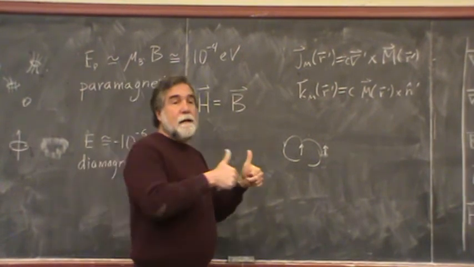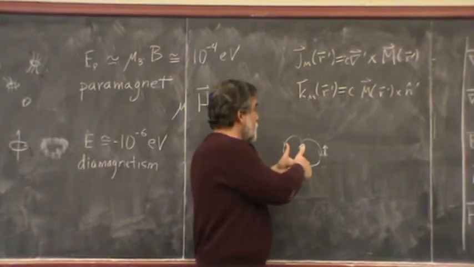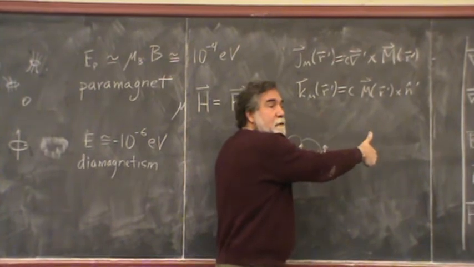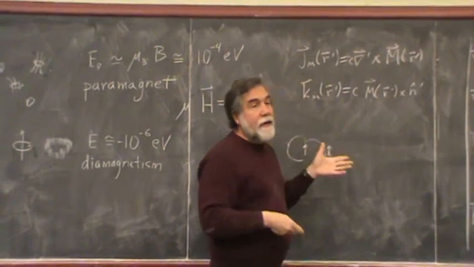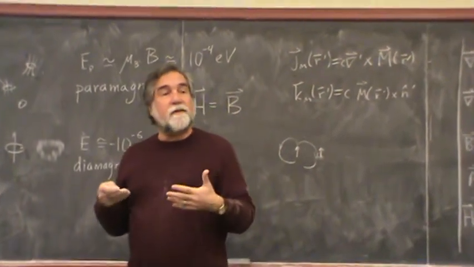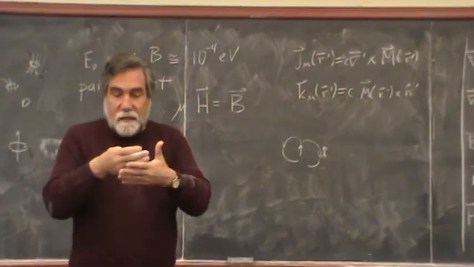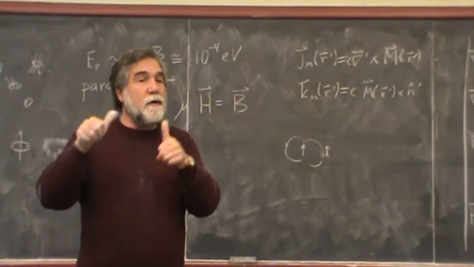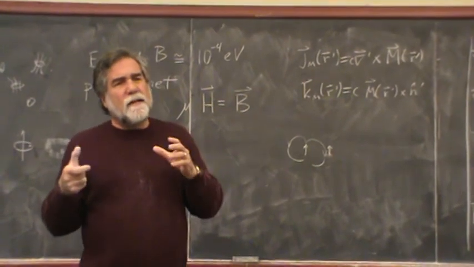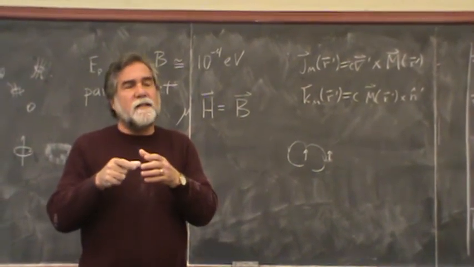And so neighboring atoms in a ferromagnetic material want to be aligned because quantum mechanics forces them to be aligned. In a ferromagnetic material initially, if you just have a material sitting there, there's no preferred direction, and you will end up with randomly oriented chunks of magnetization in the material.